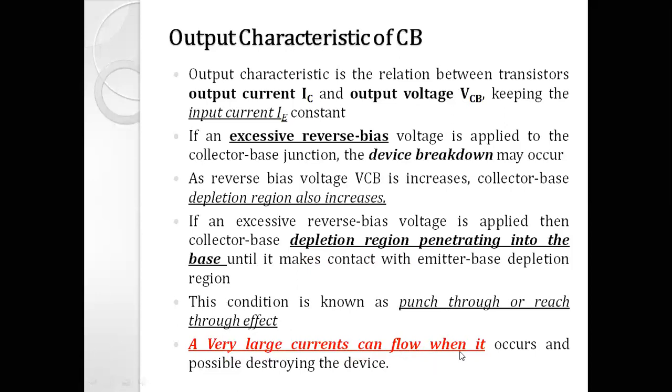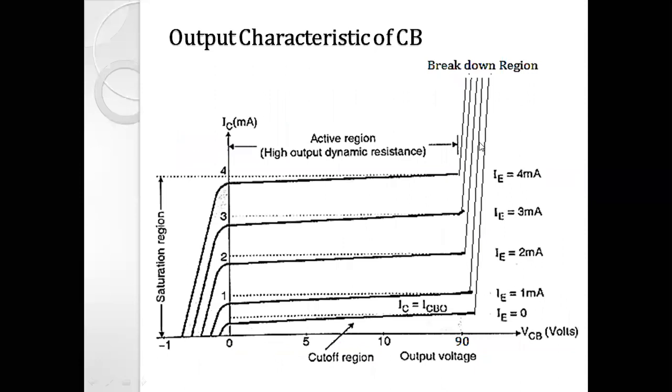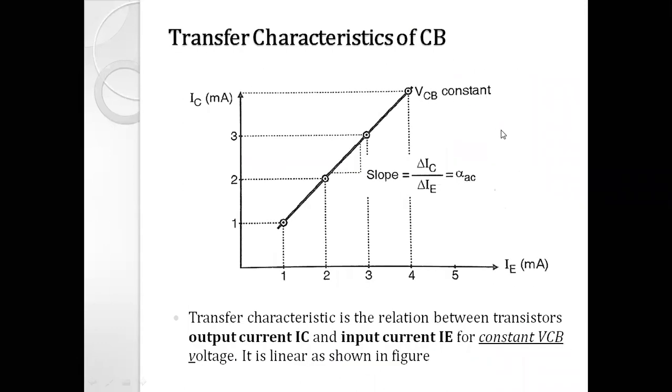So the breakdown region, which is shown in the output characteristic, is not a good sign for the transistor. We should ensure that the magnitude of VCB does not go beyond certain values so that we can avoid this breakdown region. We can avoid this punch through effect in order to protect the transistor, right?